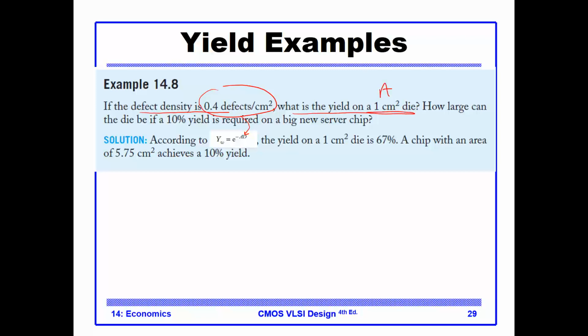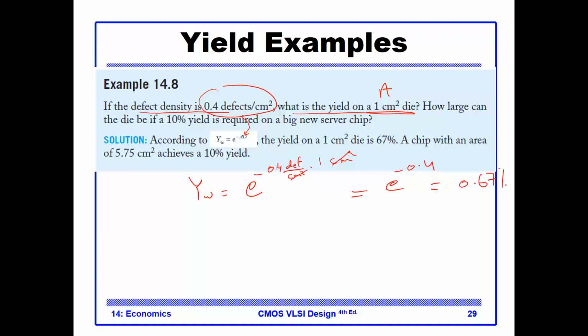So Y equals e to the minus 0.4 defects per square centimeter times 1 square centimeter. The units cancel, and this becomes e to the minus 0.4, which is 0.67.